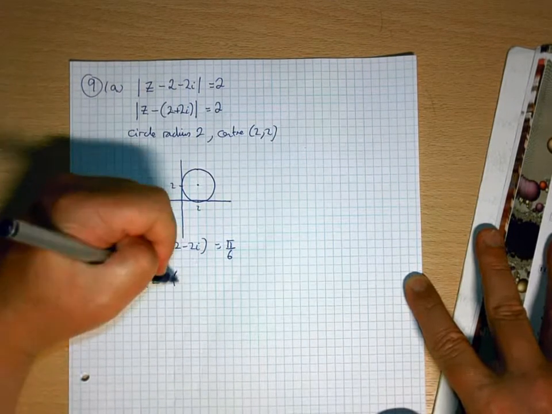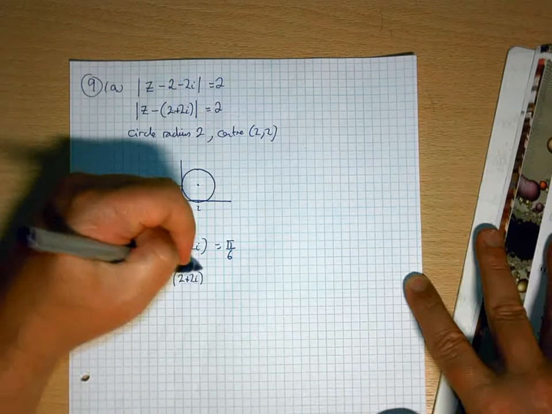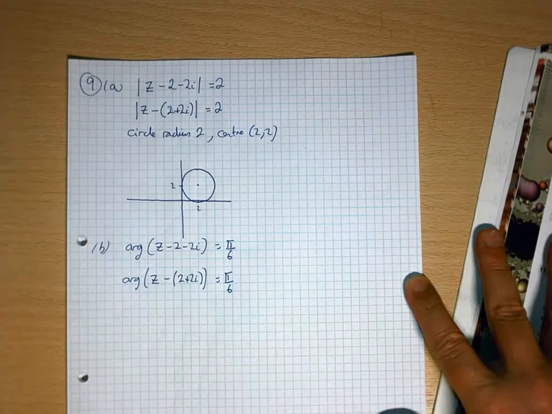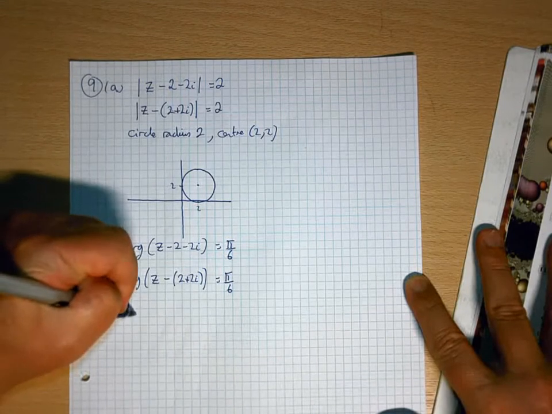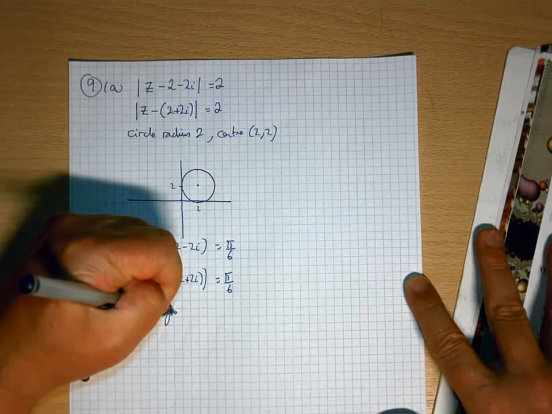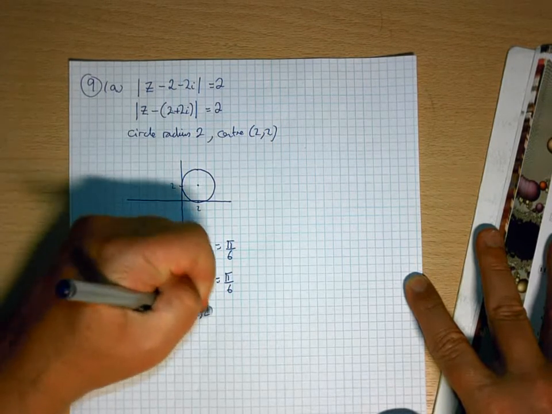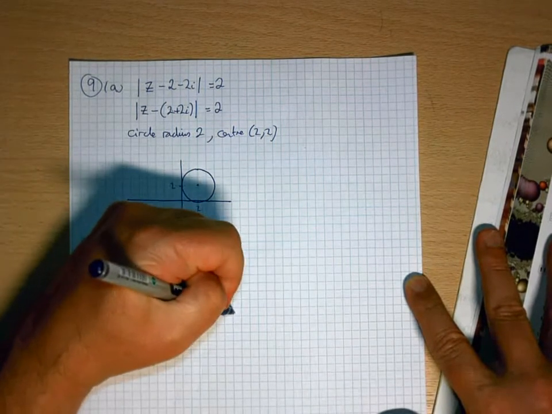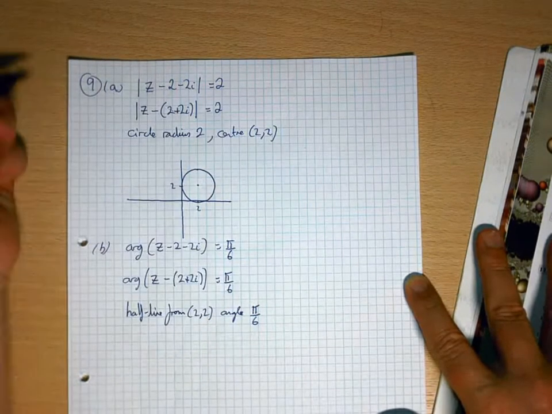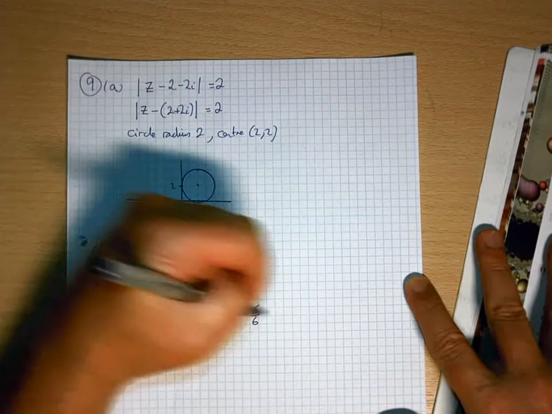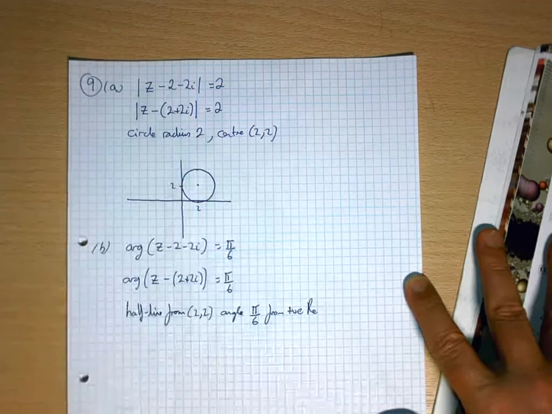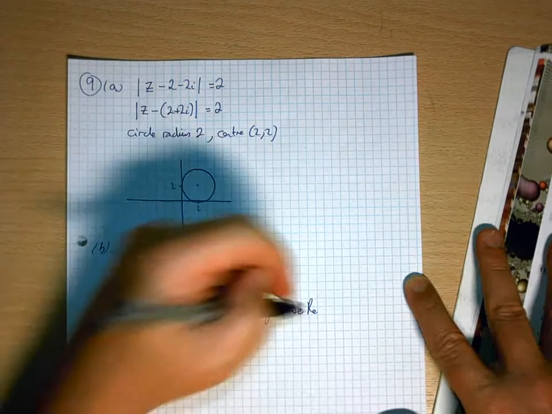Take the negative out. So standard result again, this time it's a half line from 2, 2, angle pi by 6, which I know is 30 degrees, from positive real axis.